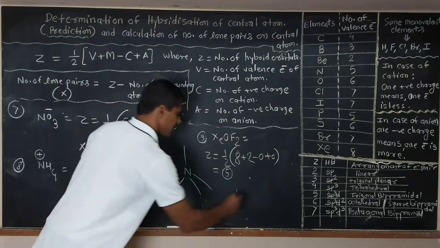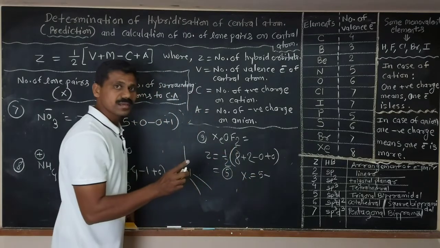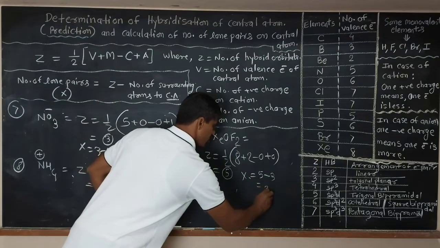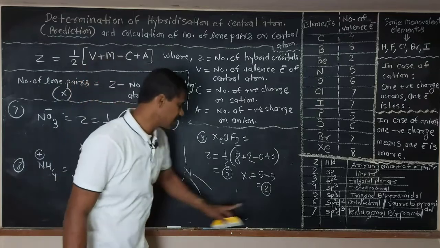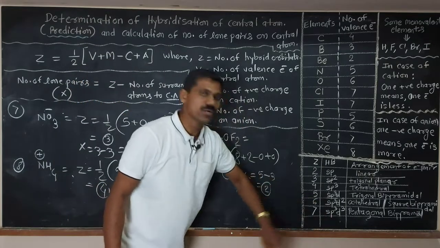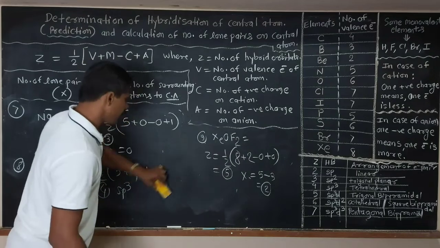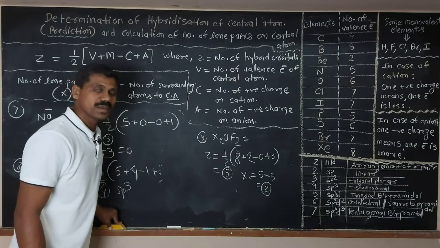Number of lone pairs, X is equal to 5 minus 3 surrounding, oxygen 1, 2 fluorine 3, is equal to 2. Arrangement of electron pairs is like a trigonal bipyramidal, like this, and there are two lone pairs.